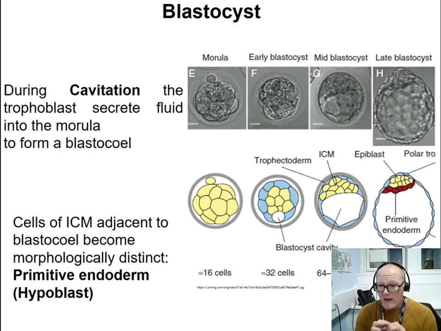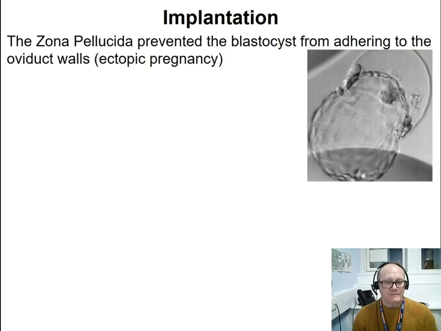One layer of cells that is in contact with the blastocoel itself, which is called the primitive endoderm or hypoblast, and one internal group of cells that is not in contact with the blastocoel, which is called the epiblast. Now, it is only the cells of the epiblast that are going to form the future embryo. So far, the embryo has been developing inside the zona pellucida.